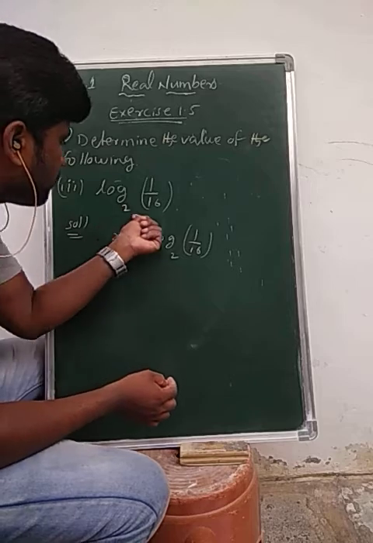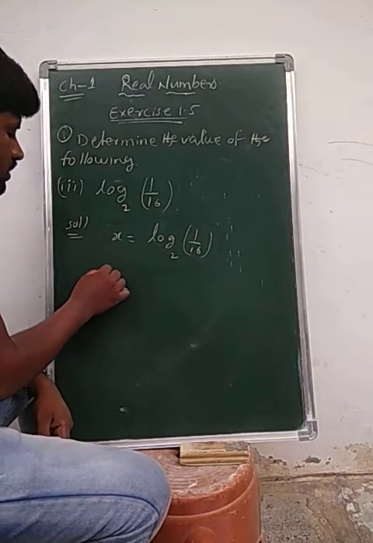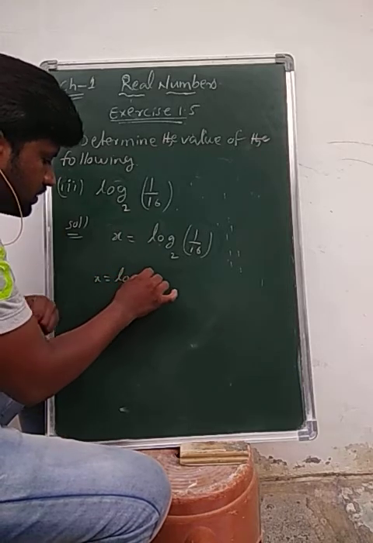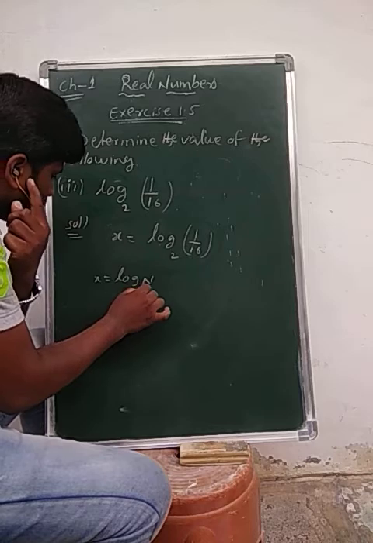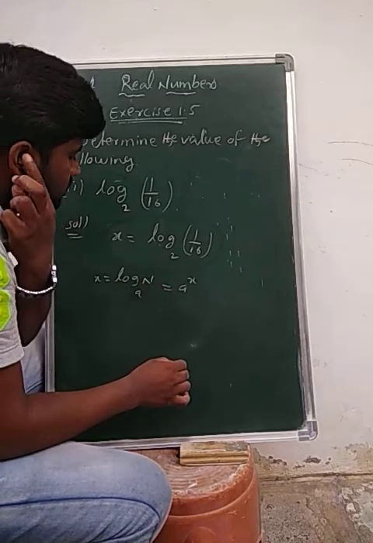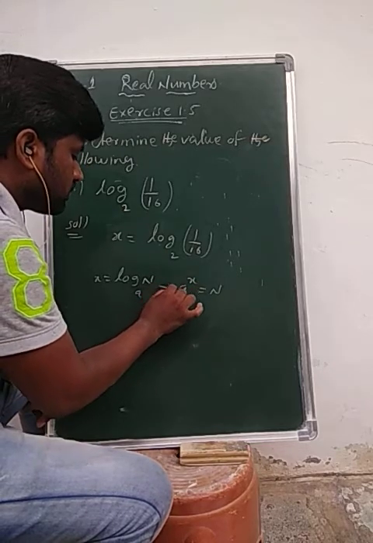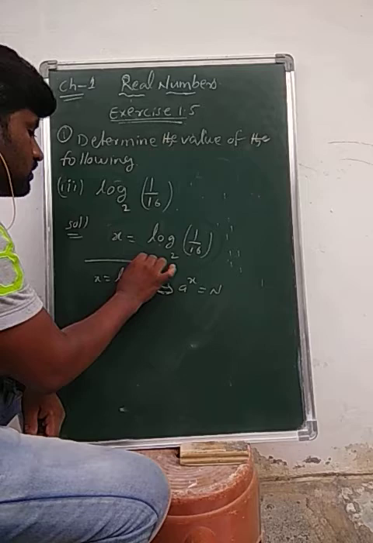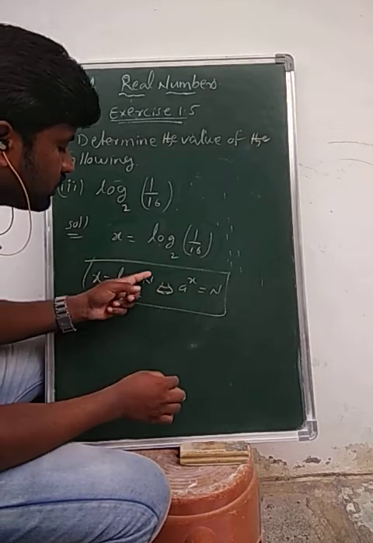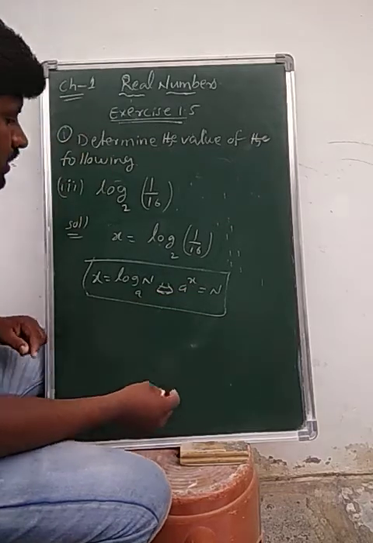So it is in logarithmic form. Just now I said, what is the required formula? If x is equal to log of n to the base a, then a power x is equal to n.